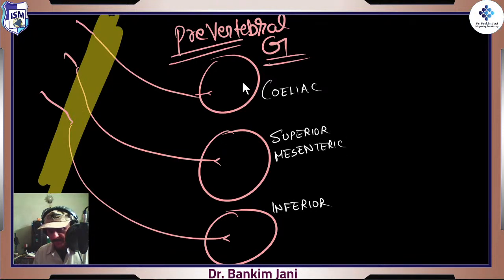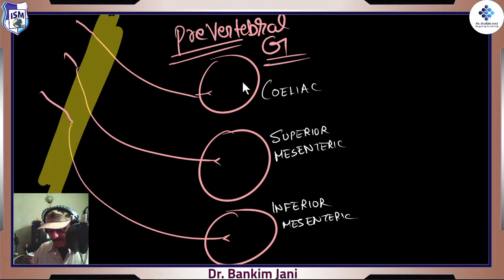Mesentery is a layer which is covering the abdominal or pelvic structures. The way in the heart we had pericardium, in lungs there is pleura, parietal pleura, visceral pleura, the same thing happens over here. So that's why the name. And celiac is the highest level.